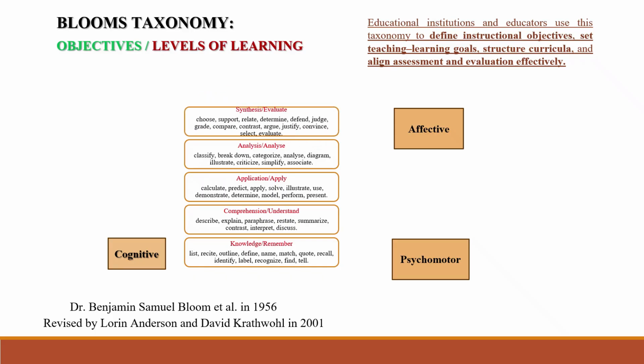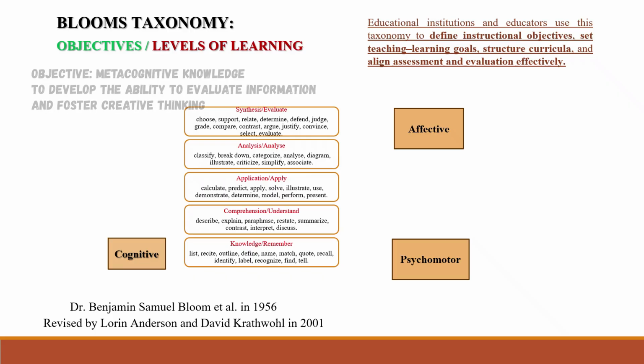Now the fifth level of the cognitive domain. It is named as synthesis in the original version and evaluate in the revised version. At this level, the focus is on metacognitive knowledge again. Here, the educators guide the learners to judge information based on criteria and standards and also foster their creativity.